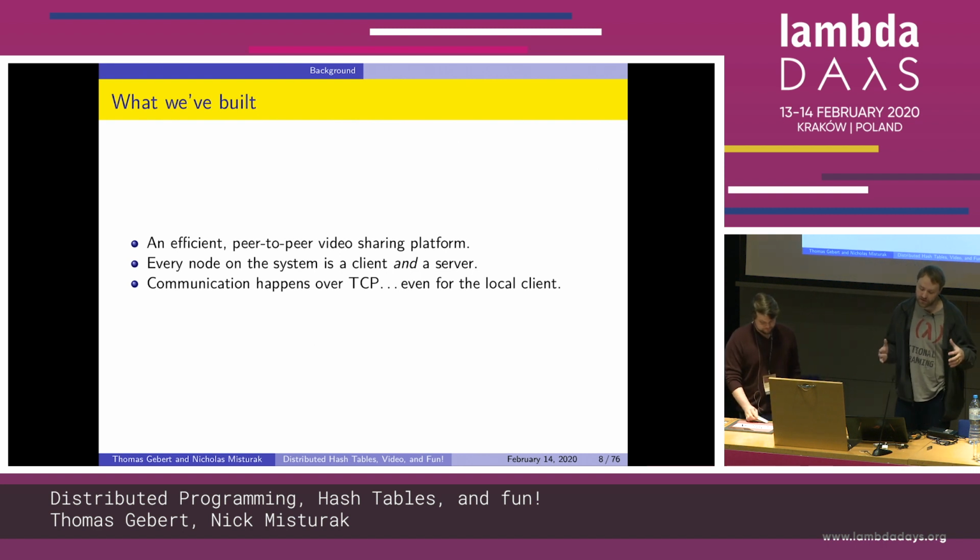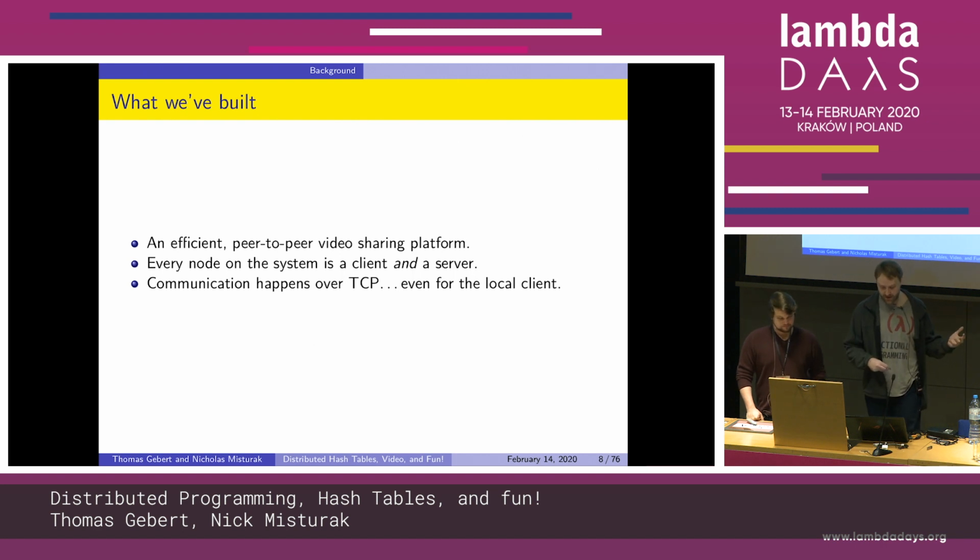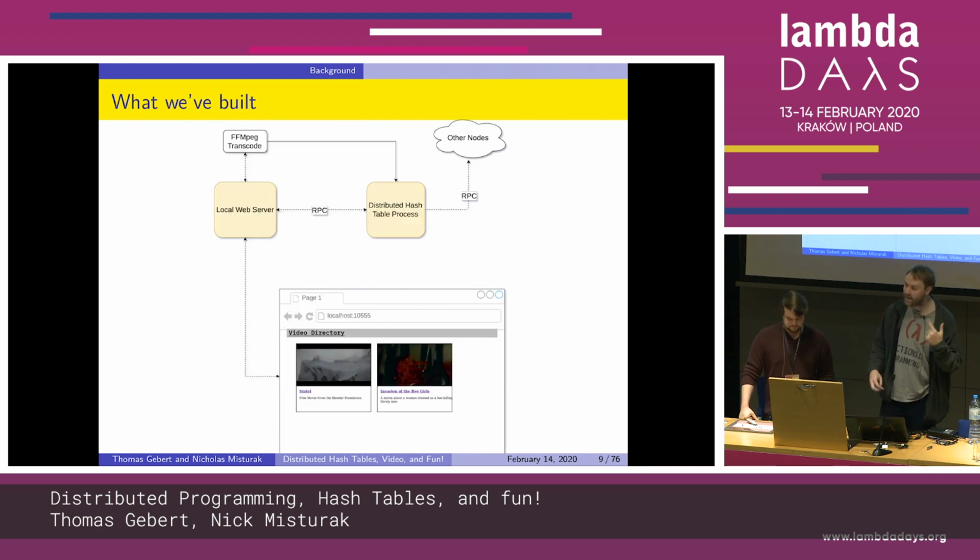So what we've actually built is a simple, fairly efficient peer-to-peer video sharing platform. Every node in this is a client and a server. And for every communication, whether it's local or across the world, everything's done with TCP. And this is a high level view.